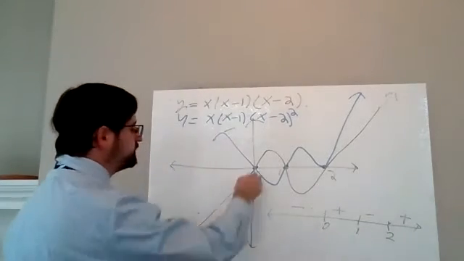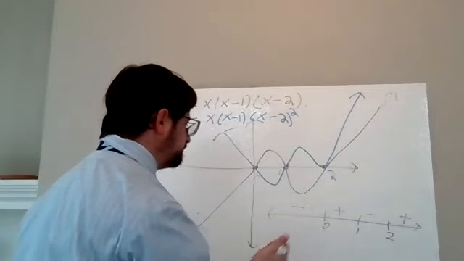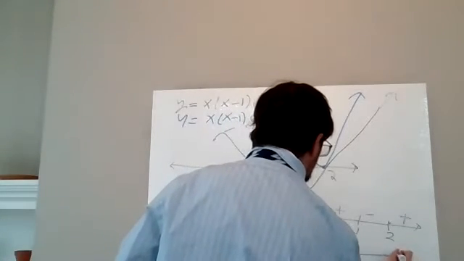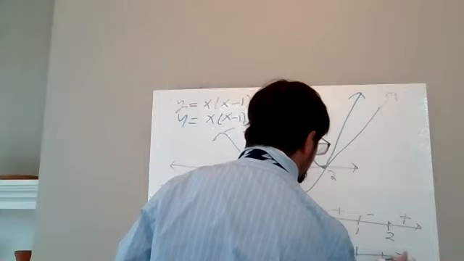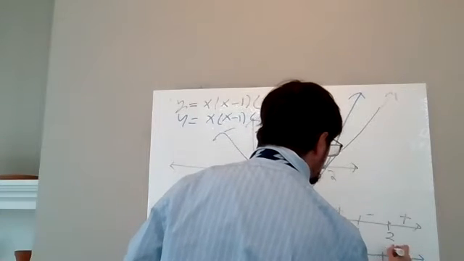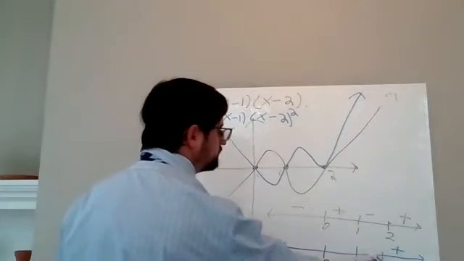I could do the same thing with my blue graph, but if I did that, we would find that it was positive here, but it's also now positive in this region, from 1 to 2.